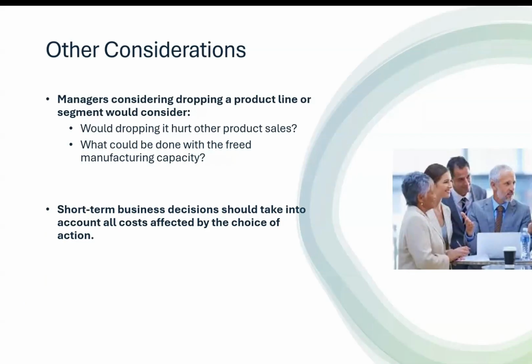Other considerations. Management must also consider whether discontinuing a product or a segment would negatively impact the sales of other products. In the previous examples, we assumed that dropping the premium tablets would not affect Smart Touch Learning's other product sales. However, let's consider a grocery store.